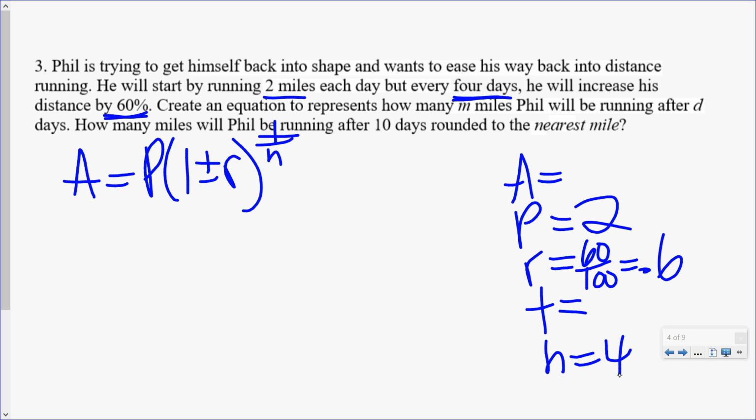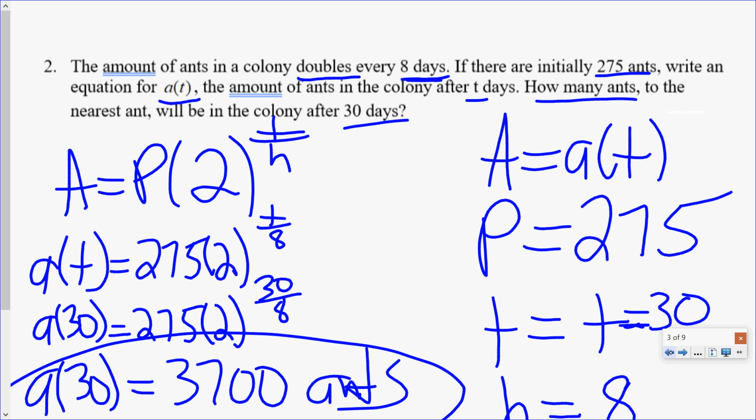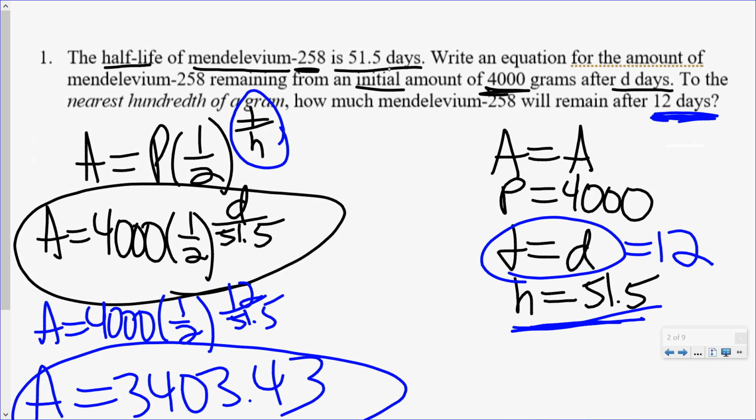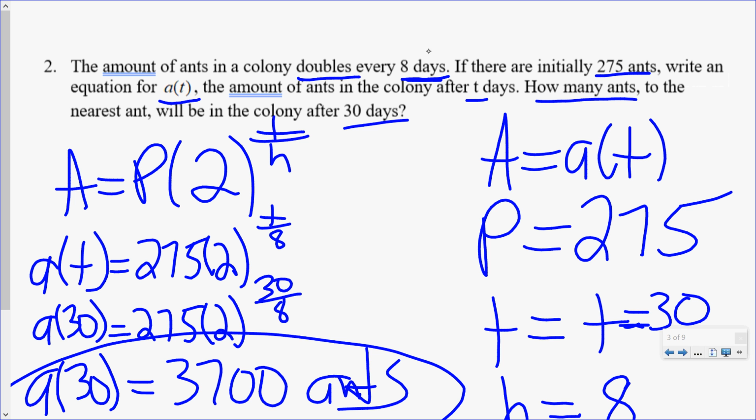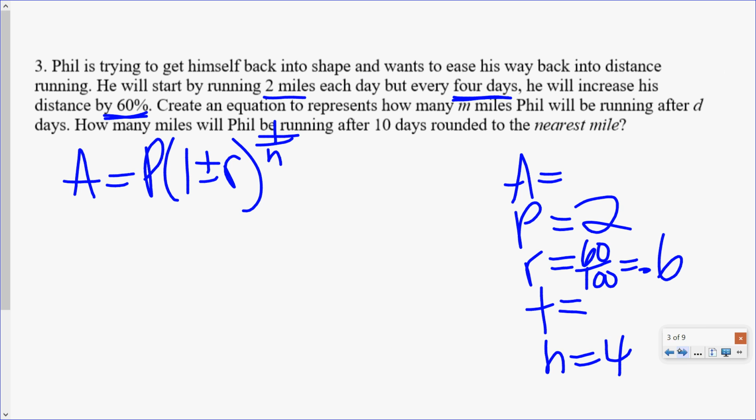H is the amount of time it takes for the rate to be applied. In number 1, it took 51.5 days for it to be cut in half, so H is 51.5. In number 2, it took 8 days for it to double, so that's why H is 8. In number 3, it's taking 4 days to increase by 60%, so that's why H is 4.